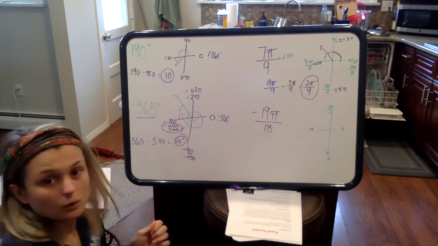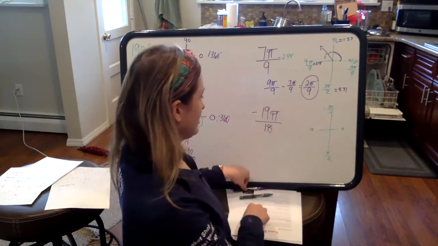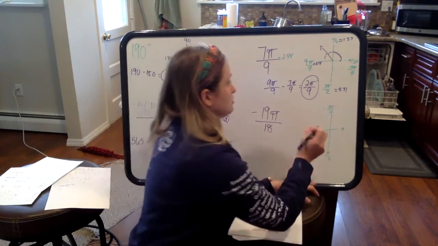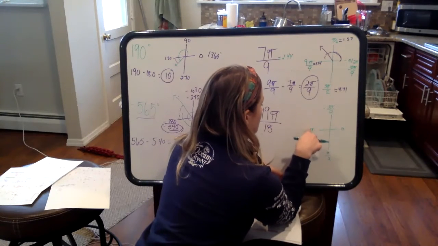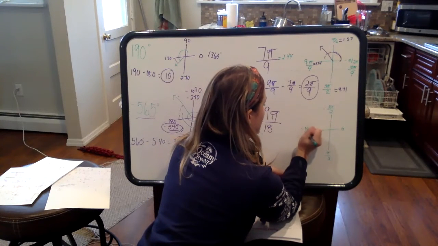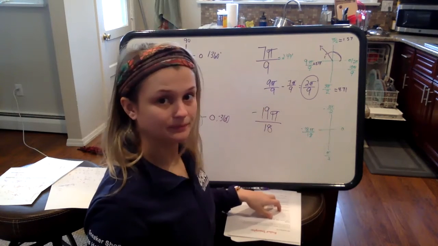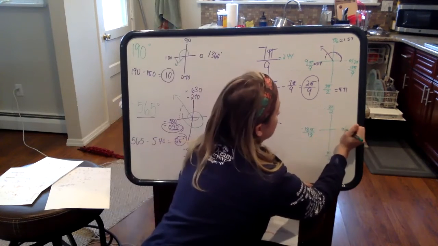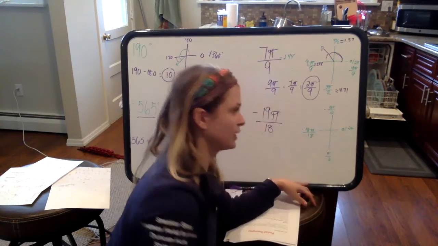So what I need to do, negative pi, right? This denominator is 18, so this can also be negative 18 pi over 18. Right? Sorry, I always forget to label this one. This one's 2 pi.